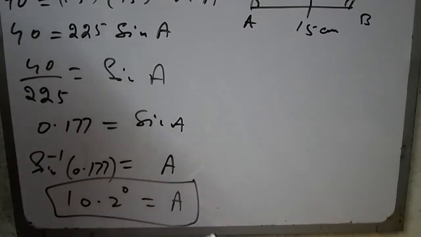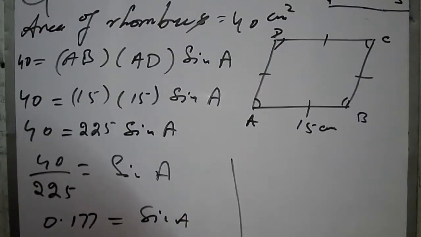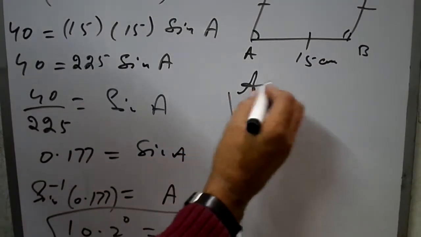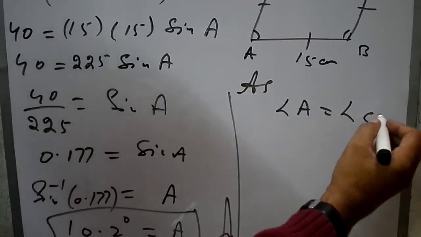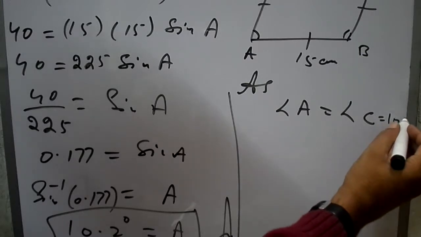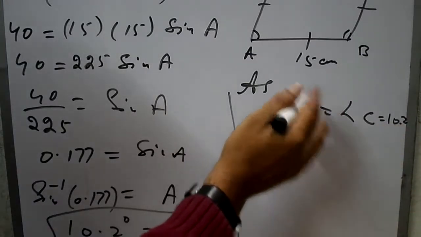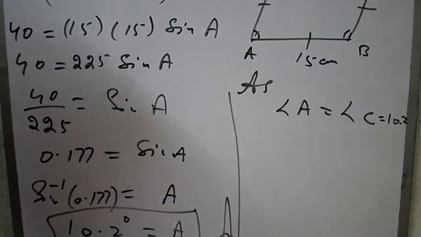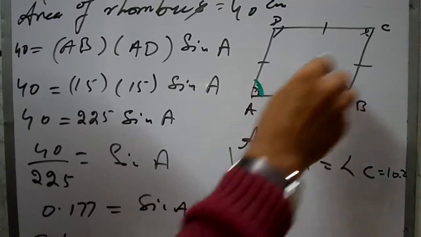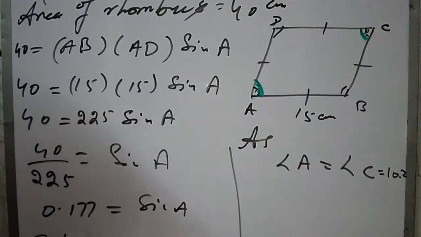So we have calculated the angle A, but still we have to calculate the other angles also. So how can we calculate? It should be noted that angle A is equal to angle C, that is equal to 10.2, just as we have calculated. Angle A is equal to angle C, because opposite angles are congruent in a rhombus. And B is equal to D, this angle is equal to this one.